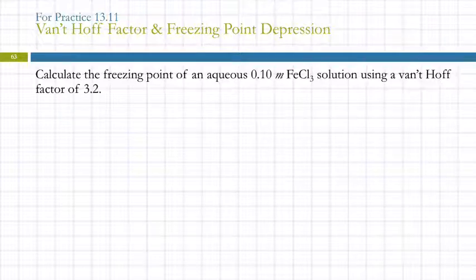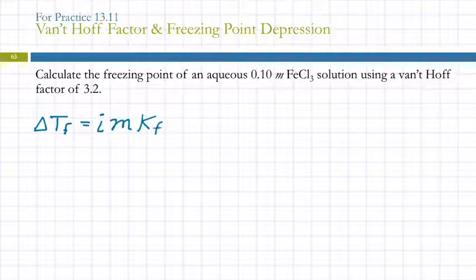So for the freezing point, we use the freezing point depression equation, so delta Tf. Now we're going to use the Van 't Hoff factor and the molality and the freezing point depression constant for water. So i is given, it's 3.2.